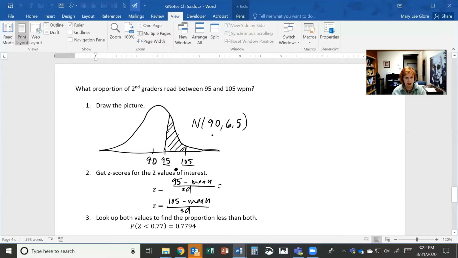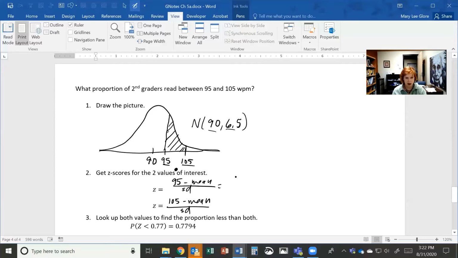My mean is 90, and my standard deviation is 6.5, and that does not change. This is the distribution of all second graders, so this does not change from question to question. What is changing is what I want to know the probability of, or what proportions I'm looking for.